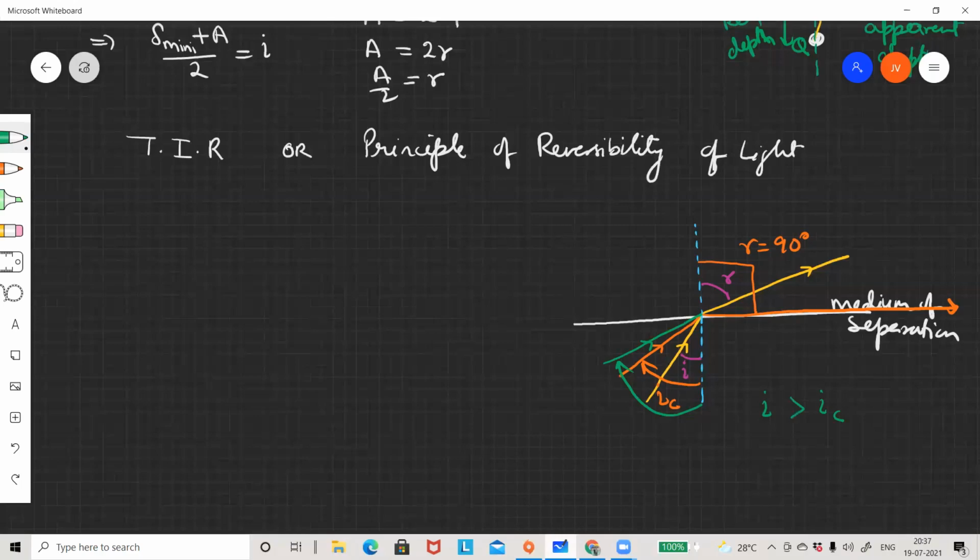So it has no more opportunity to be refracted. So it gets reflected into the same medium. Then the law of reflection works: angle of incidence is equal to angle of reflection. These two angles will become equal. This phenomenon is called total internal reflection or principle of reversibility of light.